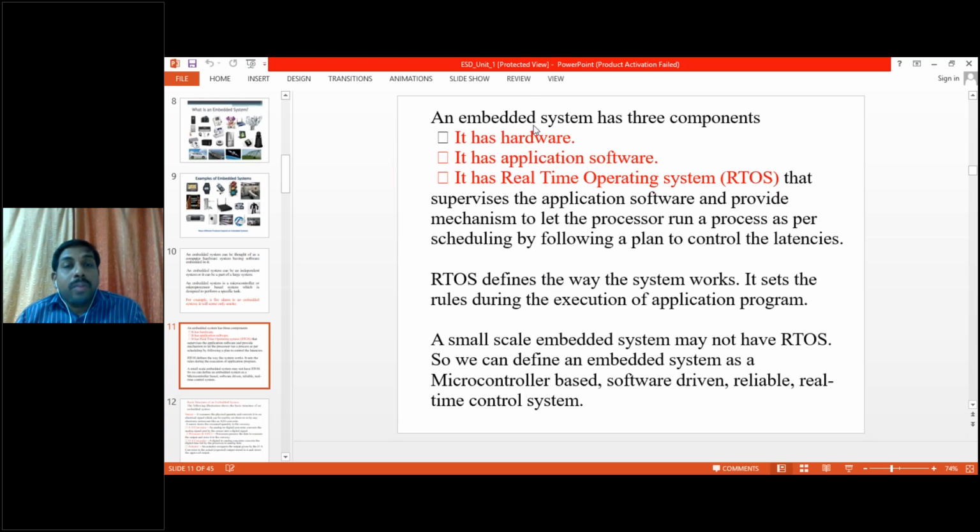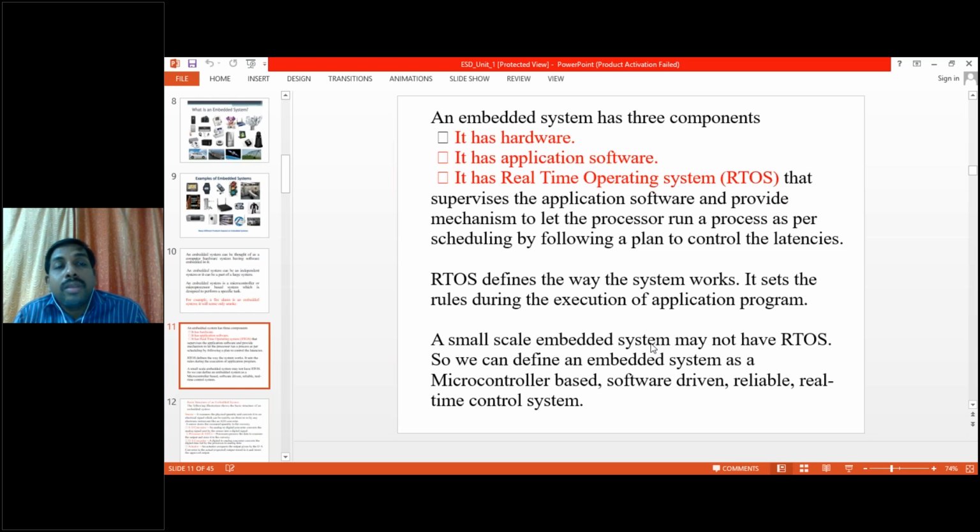As we said, our embedded system has hardware, application software, and a real-time OS. Small scale embedded systems are those defined in the initial stages of your design, and they do not require an RTOS. Only systems which come under medium scale and large scale use an RTOS.